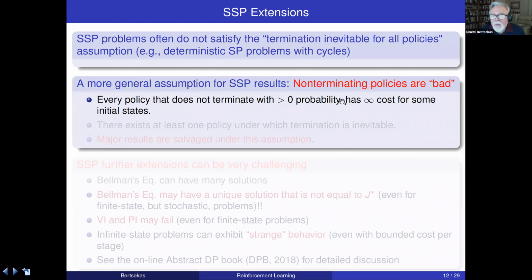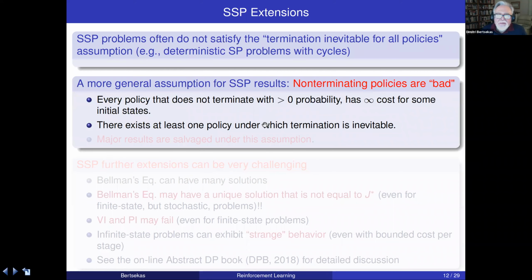So this is one part of this assumption. And the second assumption is that there exists at least one policy under which termination is inevitable. This is necessary to keep the cost finite, among other things. So it is always possible to reach the destination with probability 1. That's what it says. However, there are some policies that don't do that, but these policies are bad and they have infinite cost for some initial states.